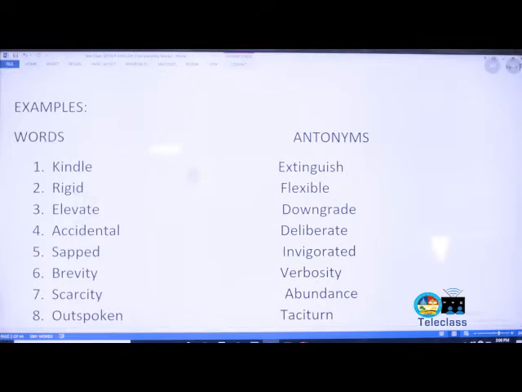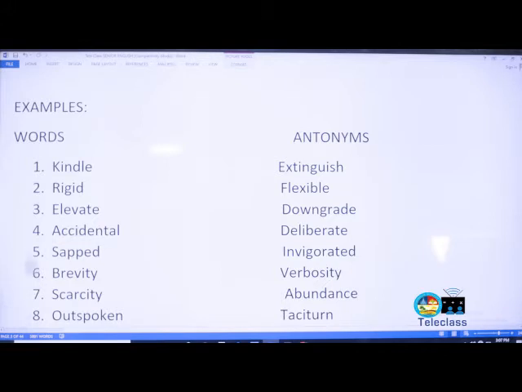What does accidental mean? It means something done by mistake. What's the opposite of accidental? The opposite of accidental is intentional or deliberate. That means something that is planned.